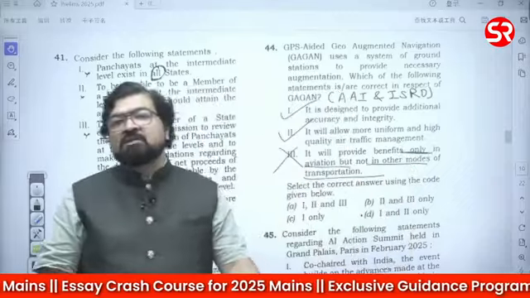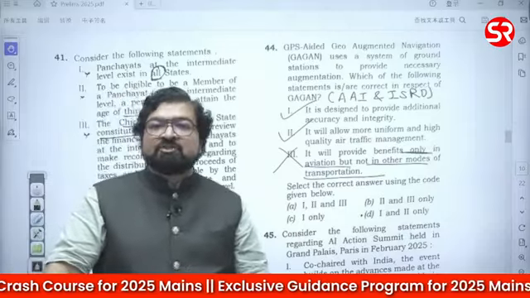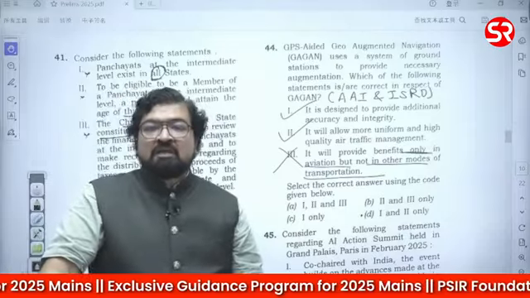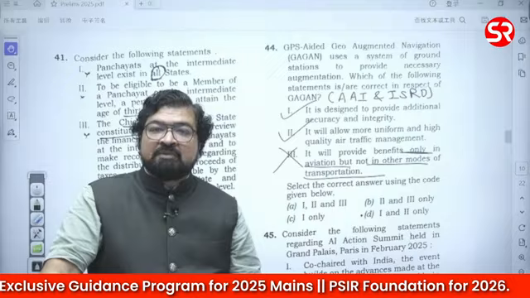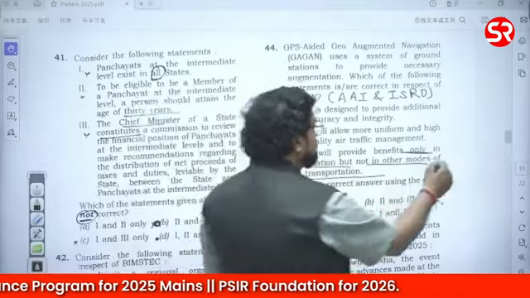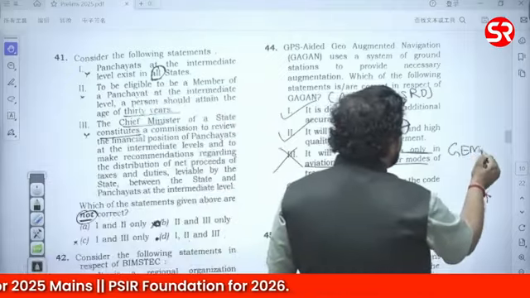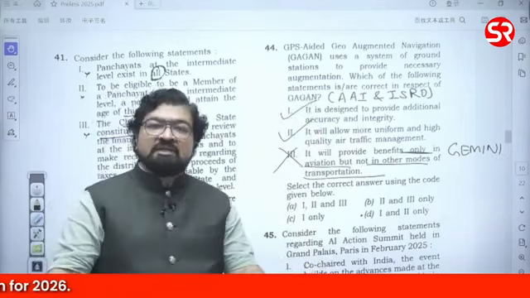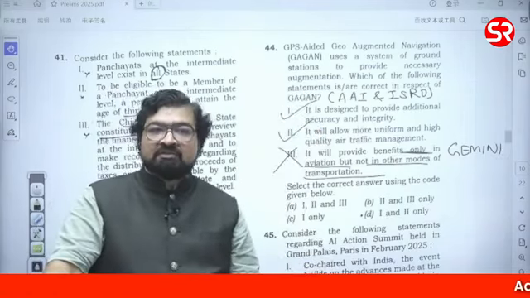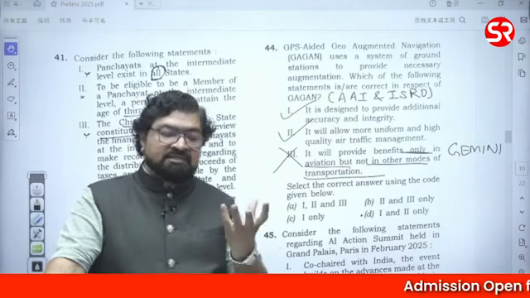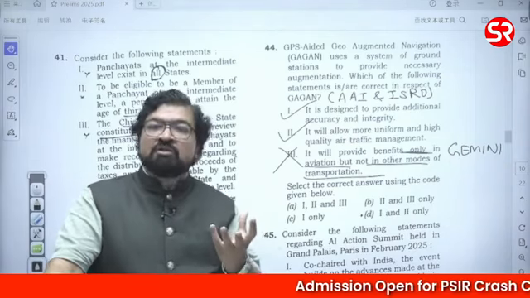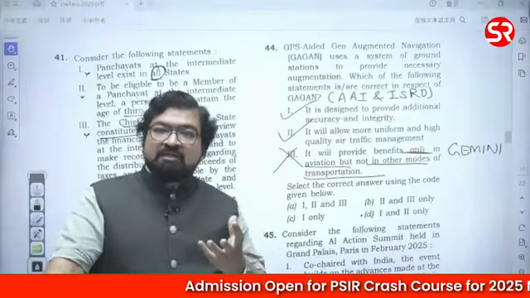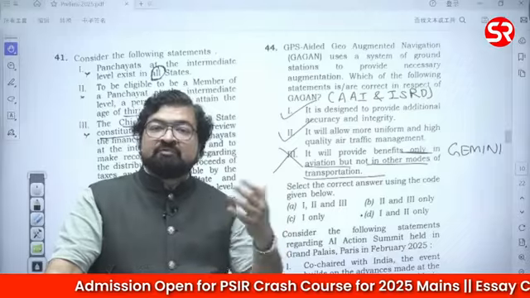This I have discussed in my classroom, that recently the Ministry of Earth Sciences has developed a very important device for fishermen called GEMINI. That is GAGAN Enabled Mariners Instrument for Navigation. This device can be fitted with the fisherman's boat or vessel, and it can provide information about ocean state forecast.